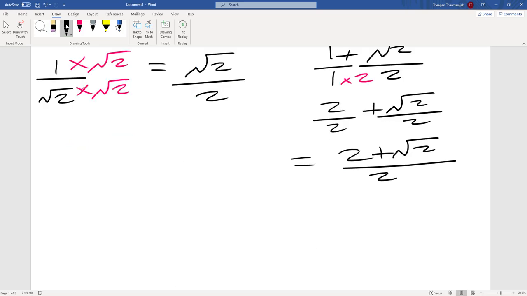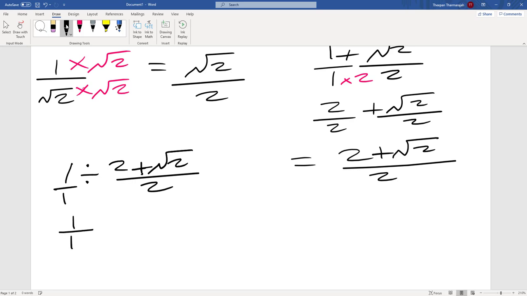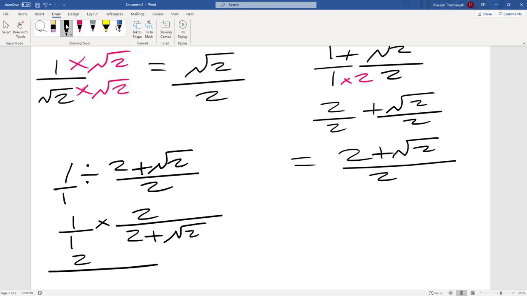So now we're going to do 1 divided by 2 plus root 2 over 2. So that's 1 over 1 times 2 over 2 plus root 2. Now that gives me 2 over 2 plus root 2.